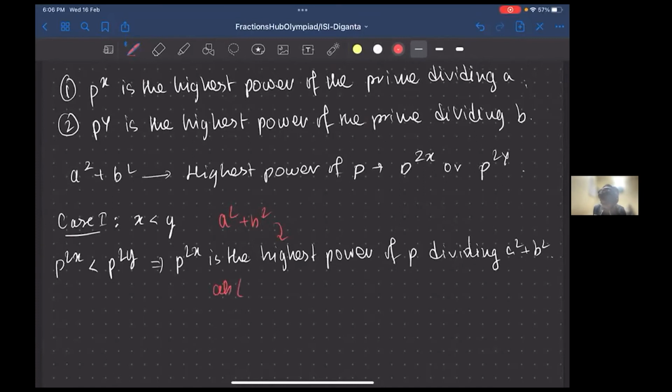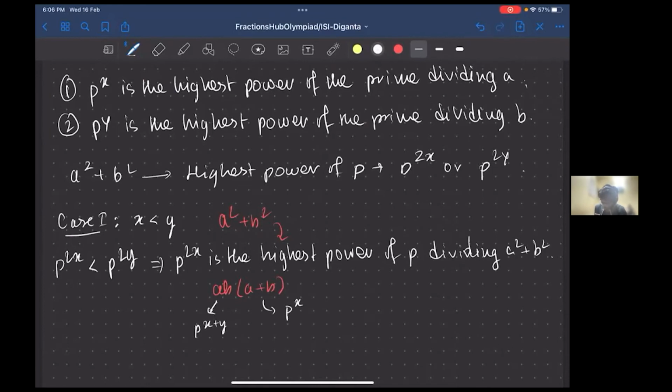Now for ab times (a plus b), we try to find the same thing, the highest power of p, which would be what? For ab, here we have p power x plus y. And similarly, going by this logic, for a plus b this is p power what? x.